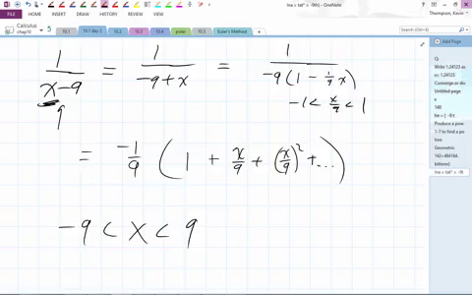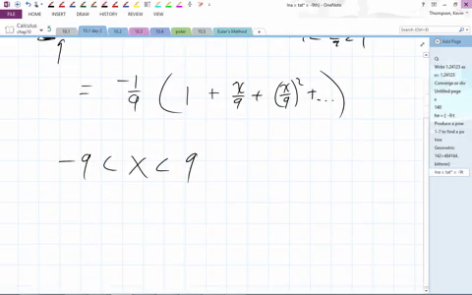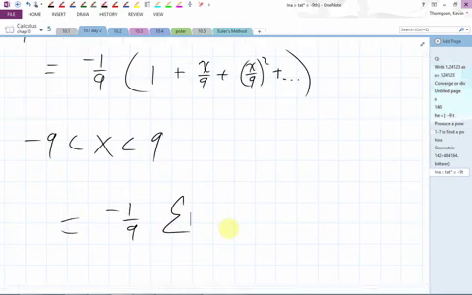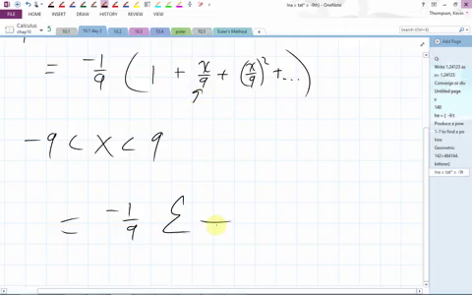Here is where, if I say it's centered somewhere else, how that's going to change. Oh, did you write the summation? So -1/9 summation. This one doesn't alternate, so you don't get that. If I look down here, I get powers of 9, so this must be n equals 0 to infinity, 9 to the n, and then I have an x to the n.